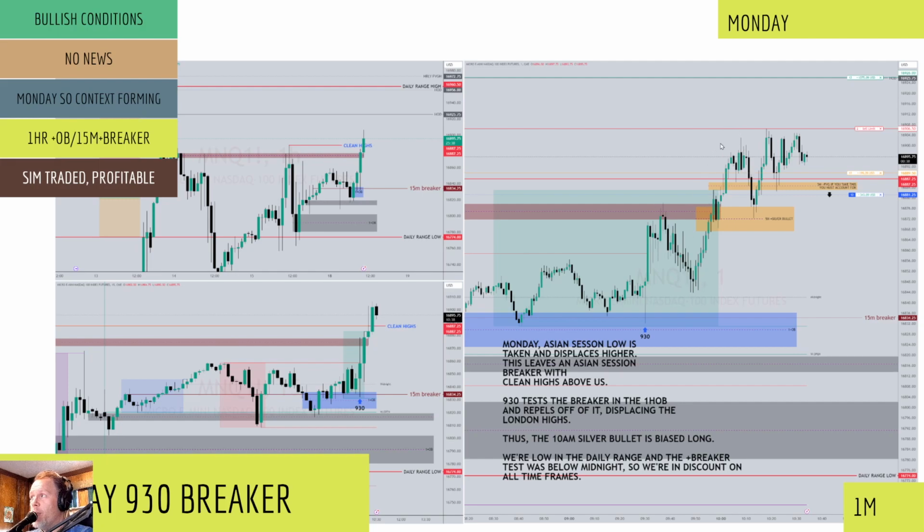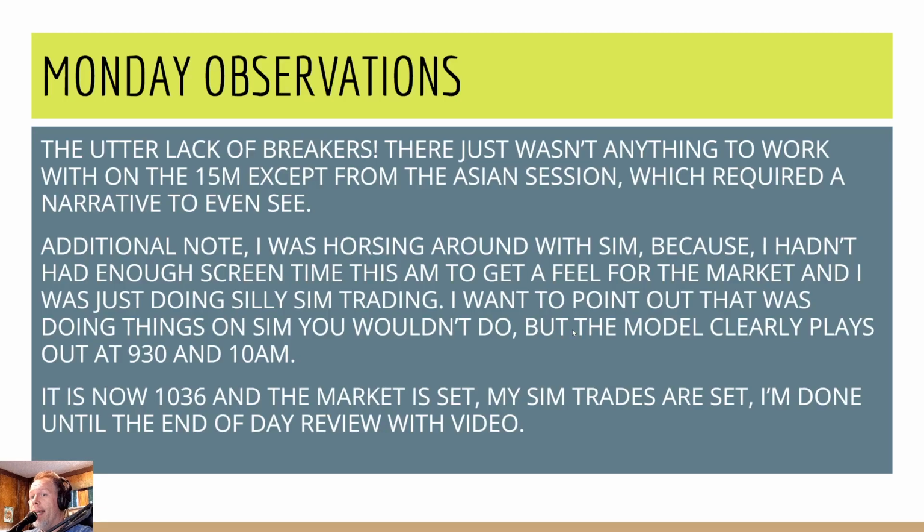And the reason you can do that is because buy side has not been taken yet. So that is the whole day. At 10:36 is when I elected to quit, but it looked pretty clear like the market was going to take out my stops. So this is a good example, and I'm kind of rambling here, so sorry about that.